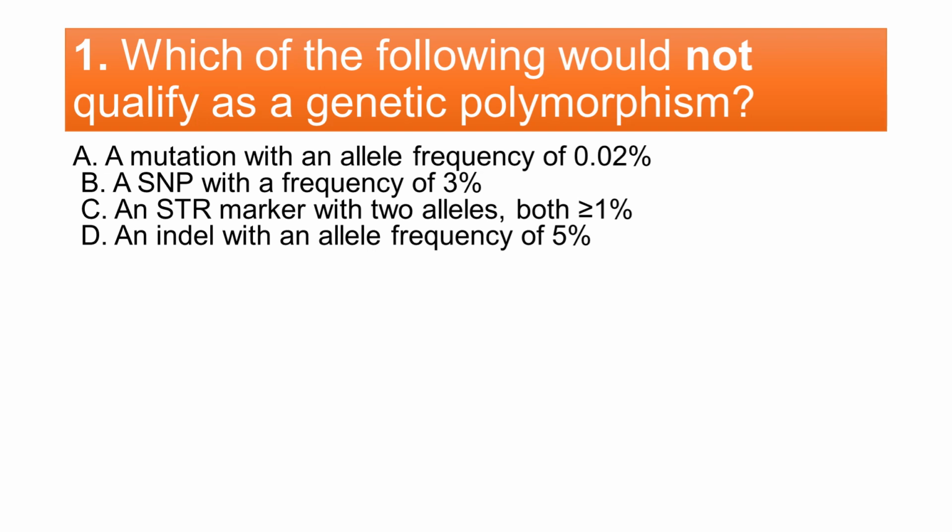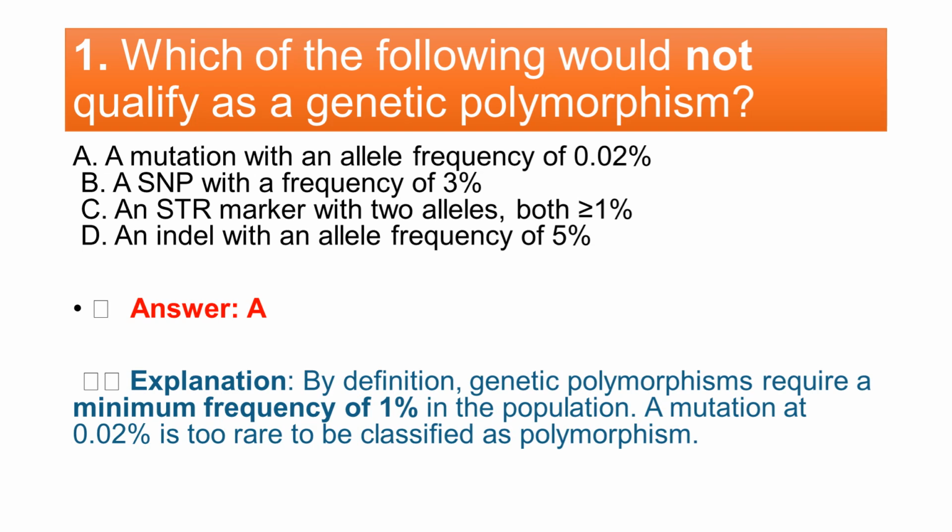D. An indel with an allele frequency of 5%. Answer: A. Explanation: by definition, genetic polymorphisms require a minimum frequency of 1% in the population. A mutation at 0.02% is too rare to be classified as a polymorphism.